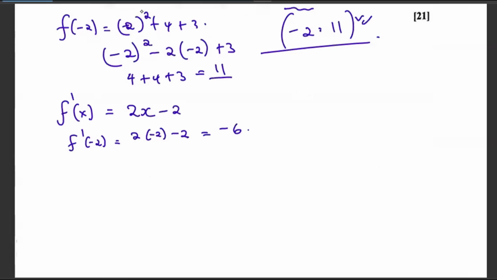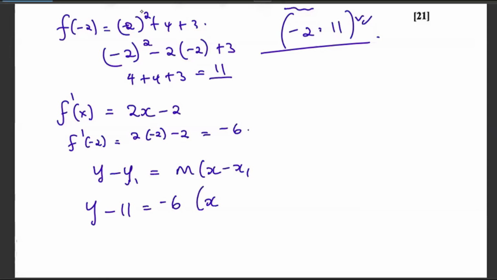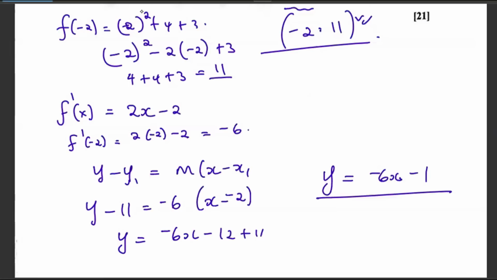We can use y minus y1 is equal to m into x minus x1. So y minus 11 is equal to negative 6 into x minus minus 2. You open up and make y the subject, so it's negative 6x minus 12 plus 11. So our desired equation is y equals negative 6x minus 1. So that is the equation.